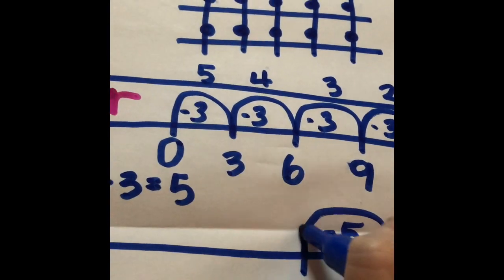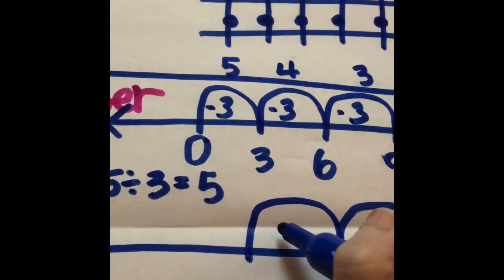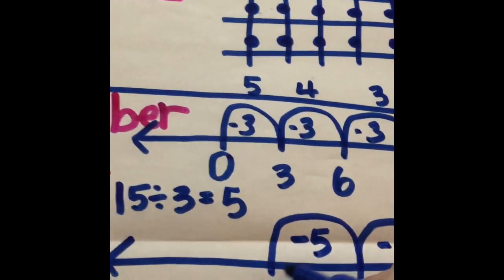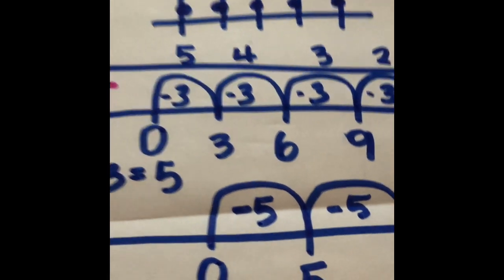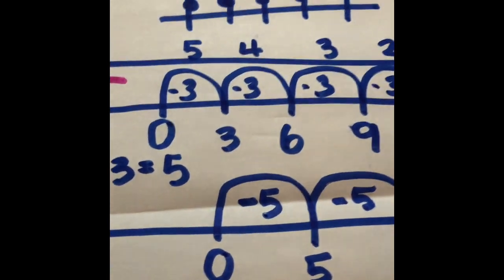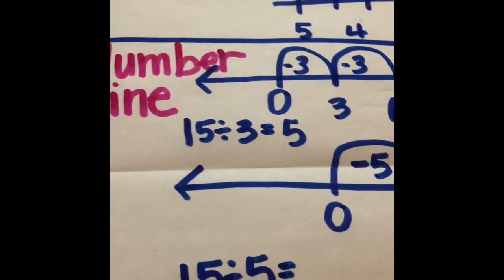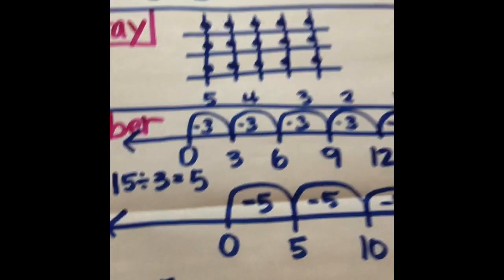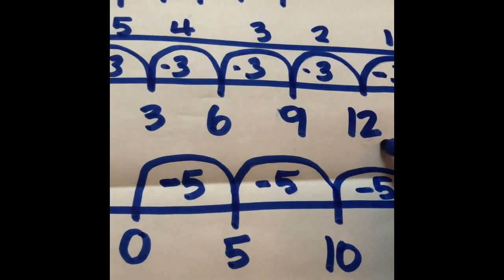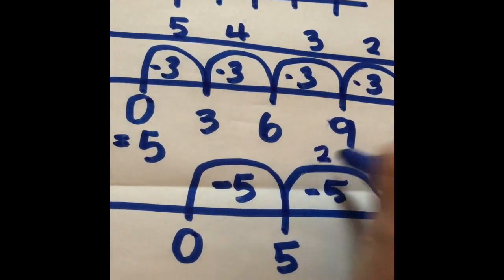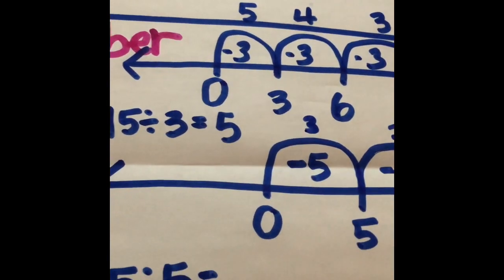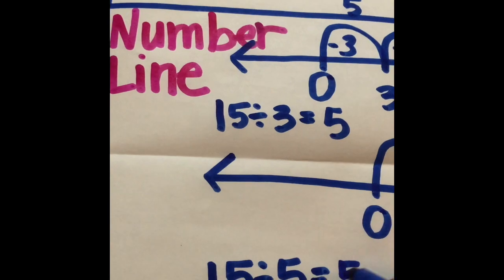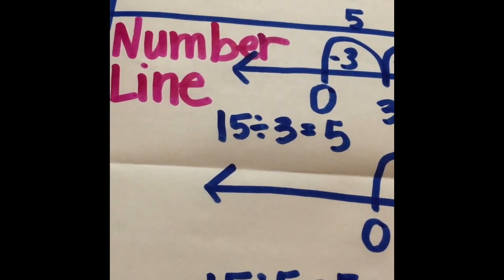And then I'm going to do another jump, subtract 5. 5 minus 5 is 0. So that means I get to stop. And just like up here, how am I going to determine what my answer is? Do you remember? That's right, I'm going to count my hops. So I had 1 hop, 2 hops, 3 hops. So I know my quotient for 15 divided by 5 is 3.